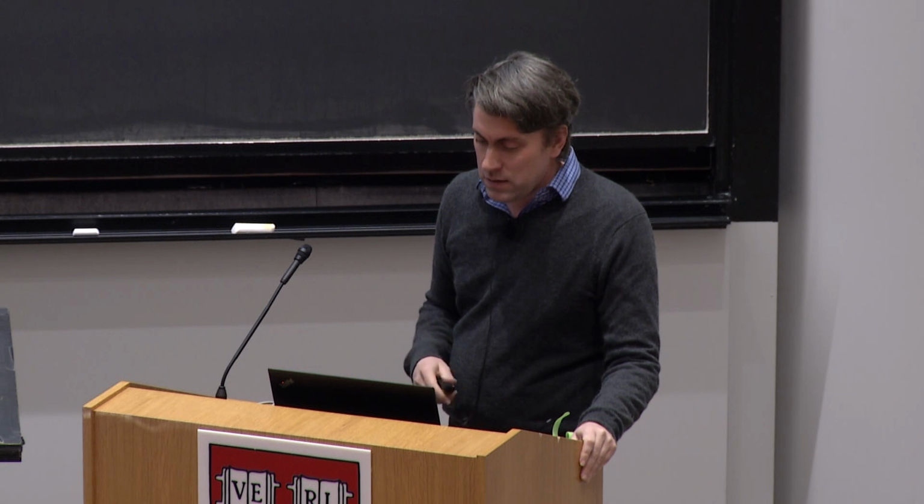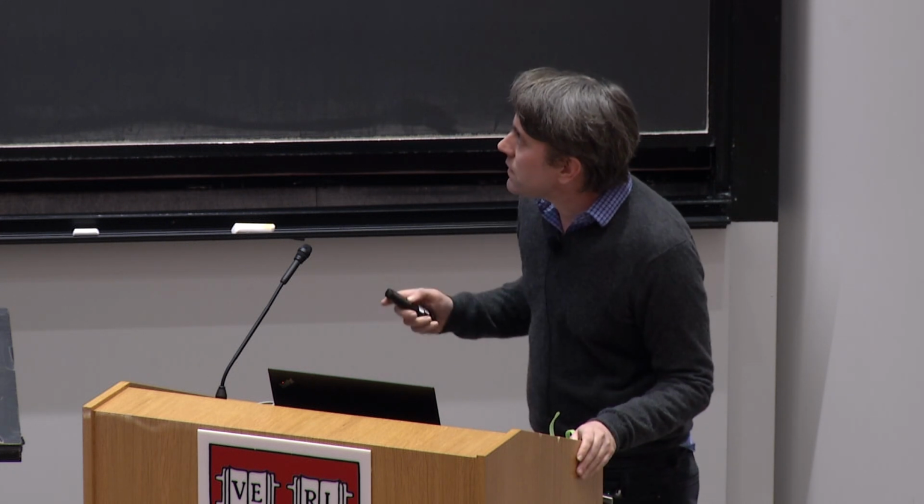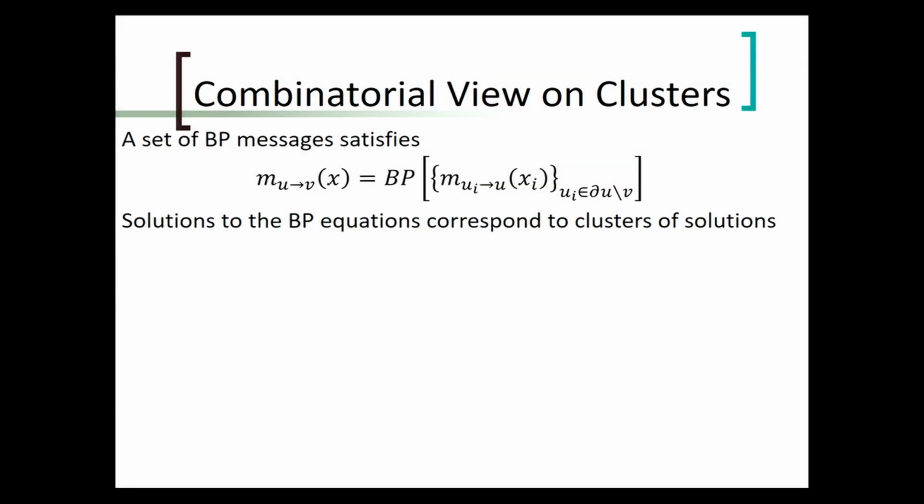And the thing is, for at least the class of models that we've been talking about, basically every cluster corresponds to some solution of the BP equations. So we can sort of encode the cluster. Before, when I told you what a cluster was, it was a connected component of solutions.